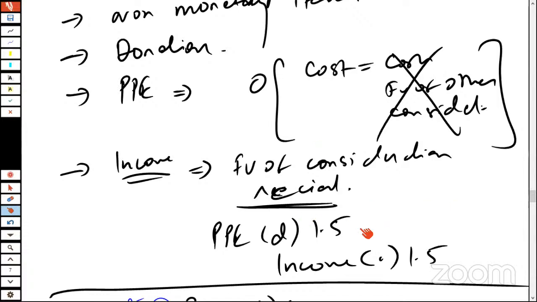If you have got an income, if it's my income, I need to book an income. Income is recognized at fair value. So the fair value is 1.5. So if the income is booked at 1.5, correspondingly there has to be an asset that needs to be recognized.